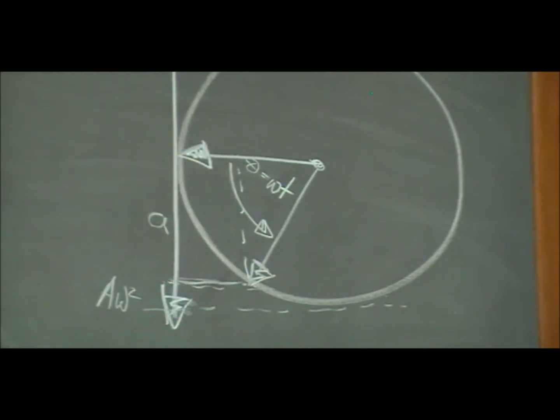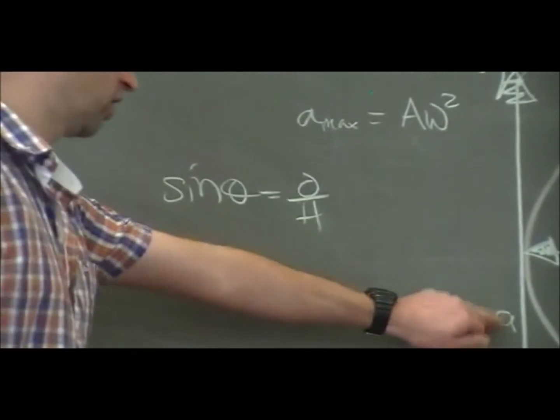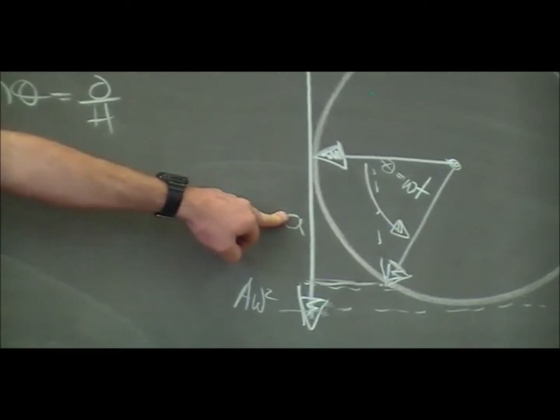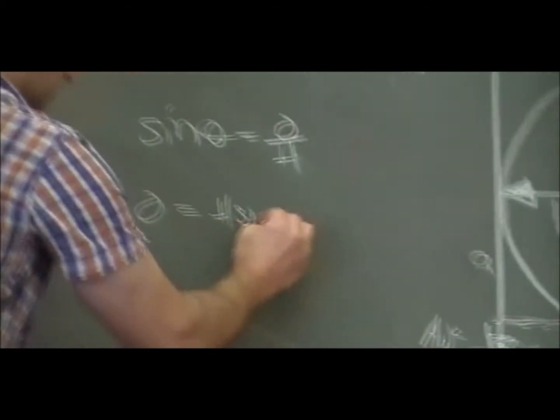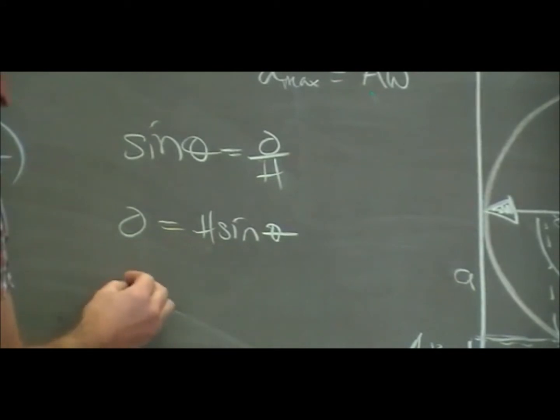Which side are we trying to find? Opposite. And so sin theta is O over h. We're trying to find the opposite because that's what the acceleration is. A is O, right? That's confusing. O equals h sin theta. How much is h?